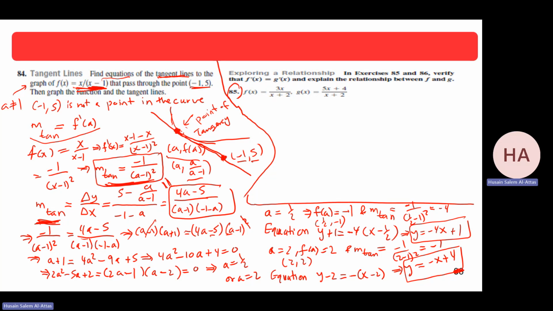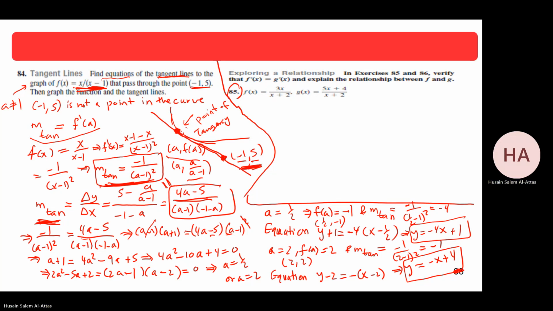So we get an A, we find the point, f of A, and actually we can use -1 and 5, since I have it. And I find the m tangent. No need to find f of A, I can use this point, -1 and 5, also it will be okay. Because I need the point and the slope. The slope, I need to use this formula or this formula, should be the same answer.